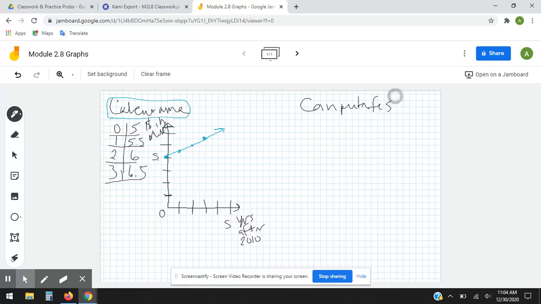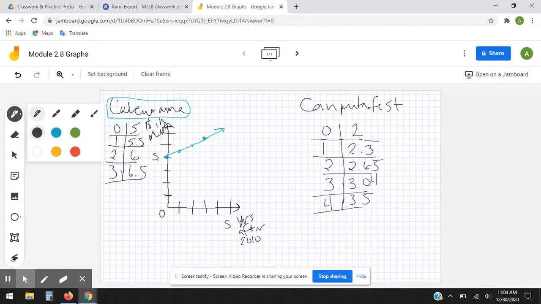Compufest, and their table was 0 and 2, 1, 2.3, 2, 2.65, 3 was 3.04, and 4 was 3.5.